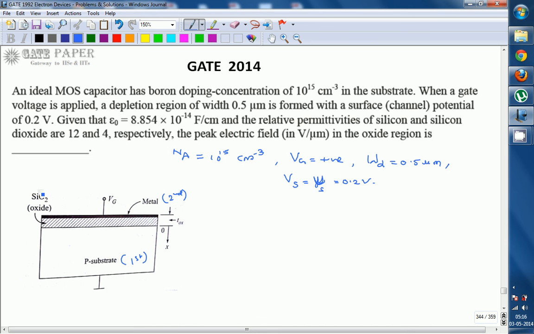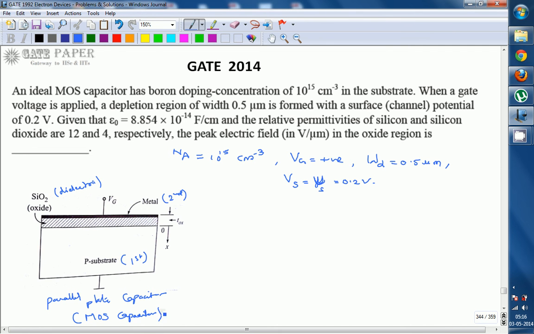In between, the SiO2 layer acts as dielectric. So this acts as a parallel plate capacitor structure, which is treated as a MOS capacitor, metal oxide semiconductor. In that, metal and semiconductor act as two plates, and oxide acts as dielectric.